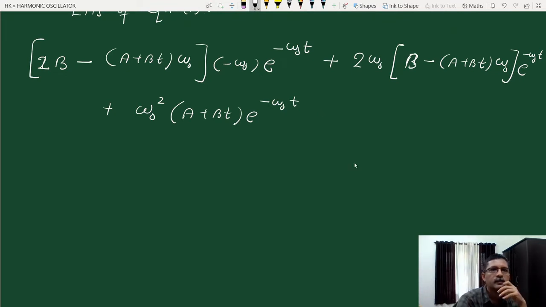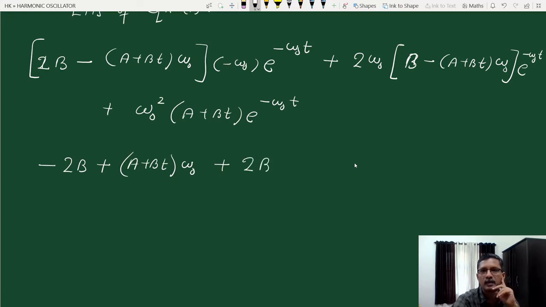The first term becomes negative if you take omega 0 e raised to minus omega 0 t outside. So the first term, if you open the bracket, is minus 2b plus a plus bt times omega 0. The second term becomes plus omega 0. We have taken omega 0 e raised to minus omega 0 t outside, so there is a 2 outside the square bracket in the second term.